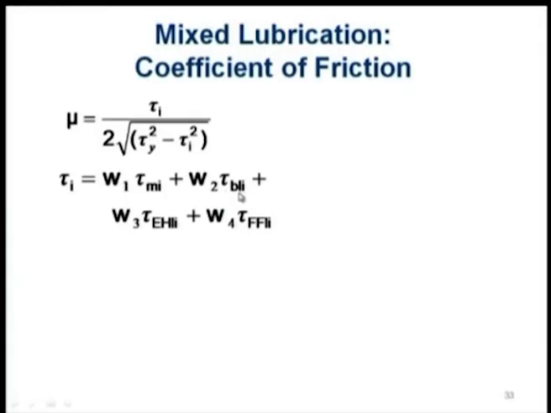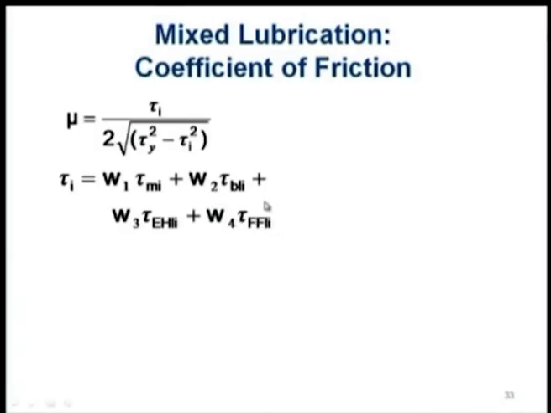That means, in a boundary lubrication interface, what will be the tau? Then comes tau EHLI, where E is elasto, H is hydro, and I is interface, and L in between is lubrication. So, elastohydrodynamic lubrication interface. And the last one is FFLI, the fluid film lubrication interface.